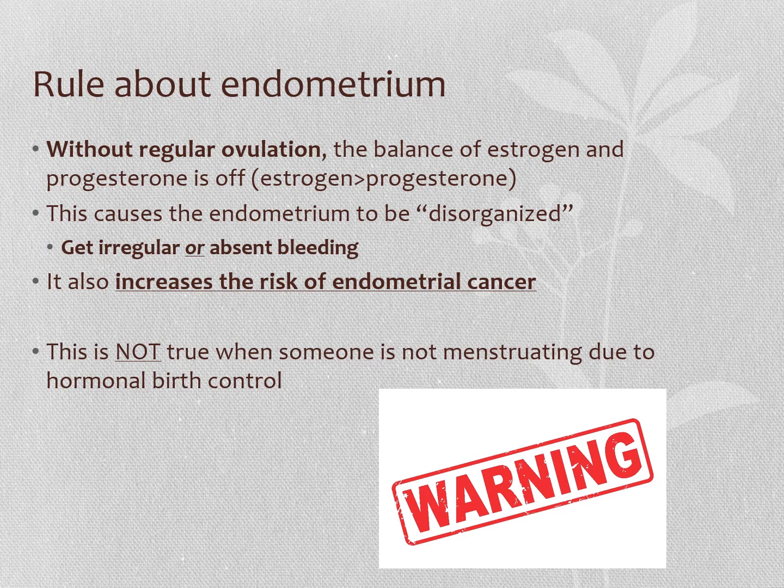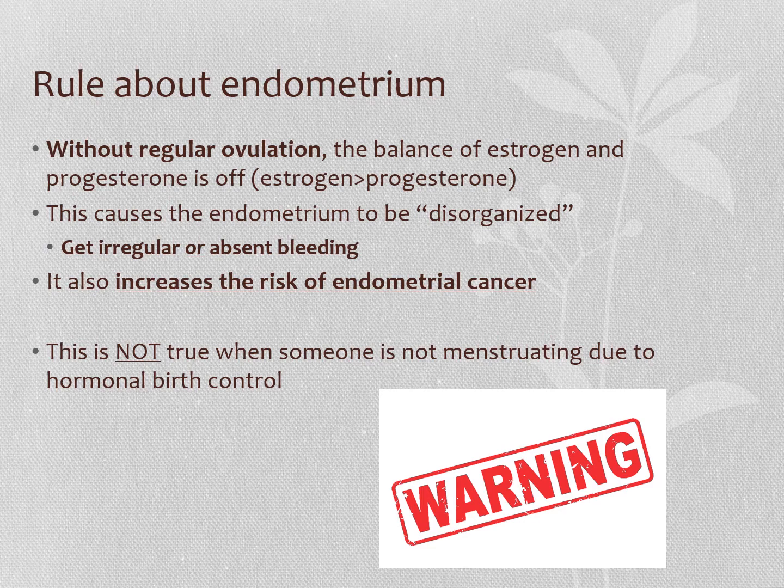What happens if you don't ovulate regularly is you generally have more estrogen around than progesterone. The balance is off, and this causes the endometrium to get kind of weird. It can cause either irregular or absent bleeding or a combination of either. So everything just gets chaotic and disorganized if you don't have that normal sequential marching through of events.